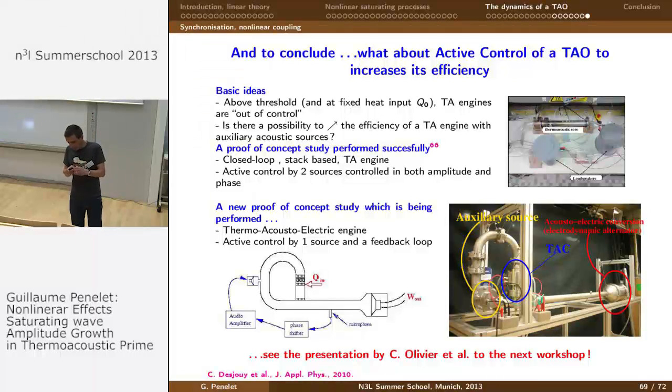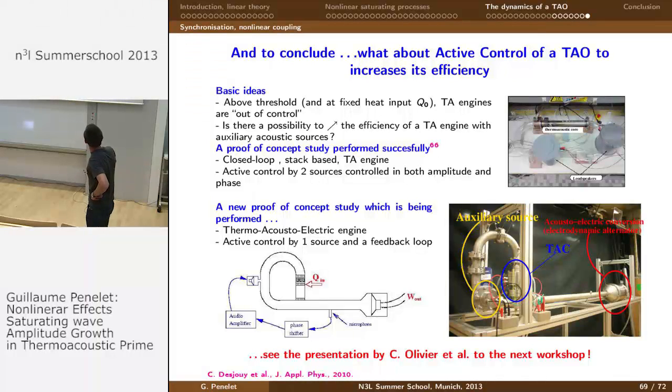So the basic idea is to try to use an additional source that will control at least partially the thermoacoustic oscillator, in order not to decrease the wave, but to increase the wave, because we want to have a high acoustic power in our device.